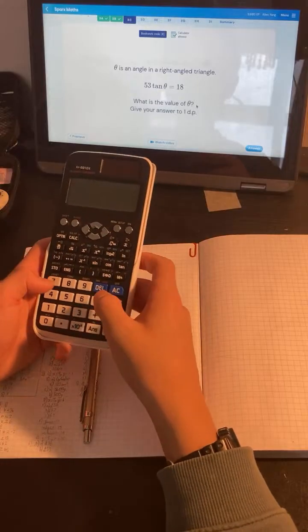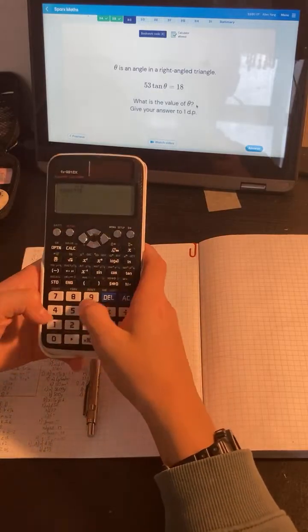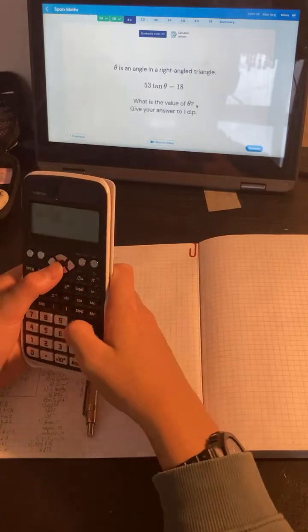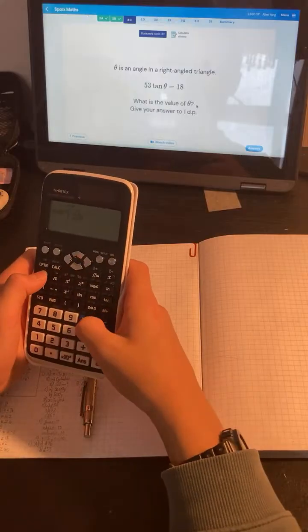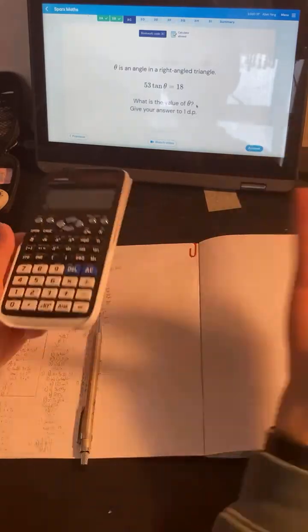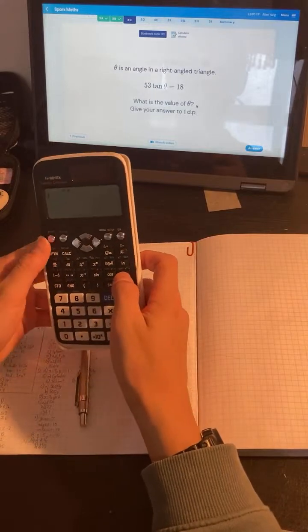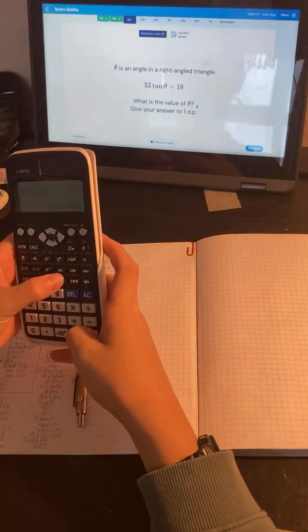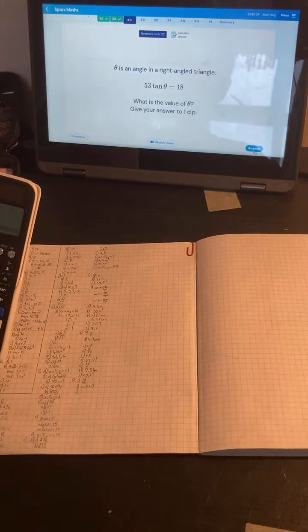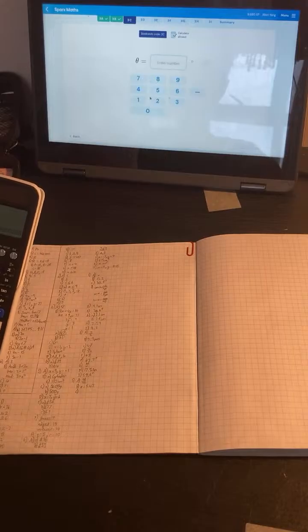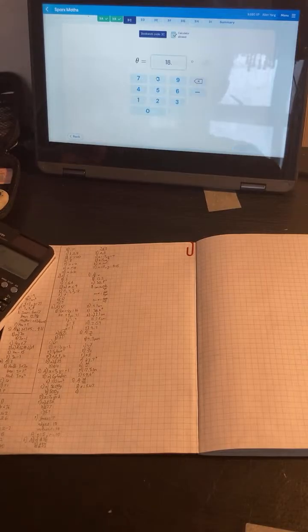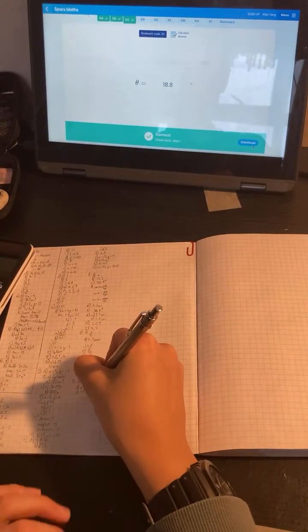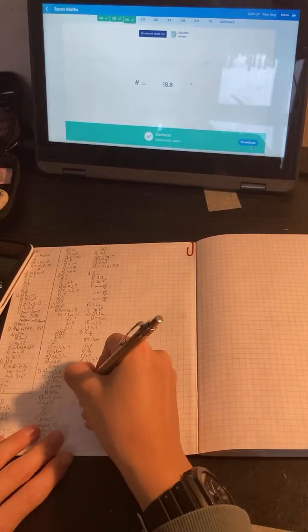Oh, I know, it's inverse tangent of 18 over 53. Oh, I love how brackets work. Inverse tangent of 18 over 53. 18.8 degrees.